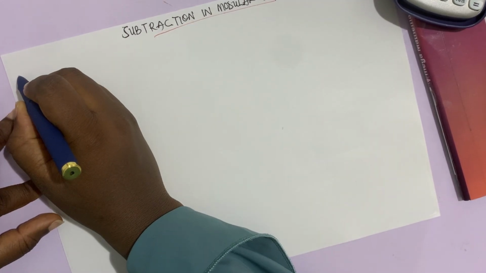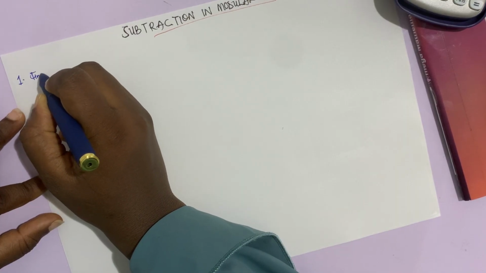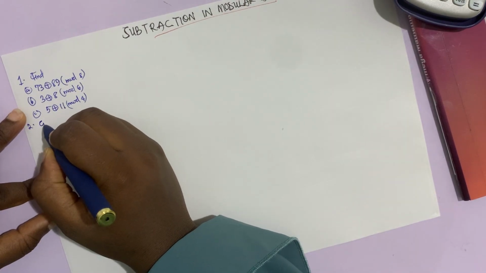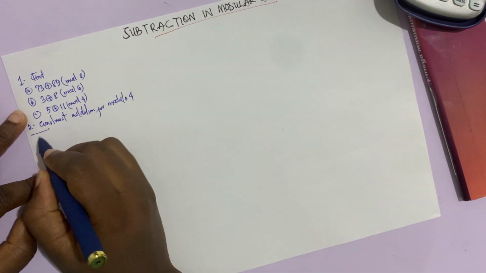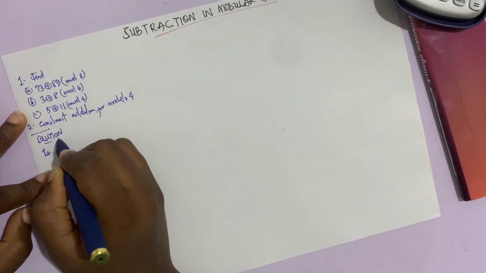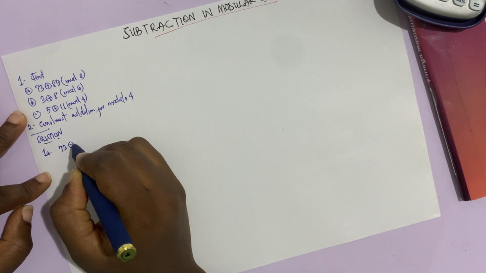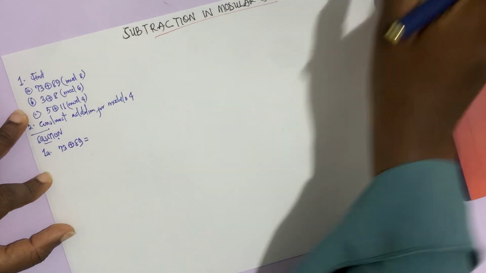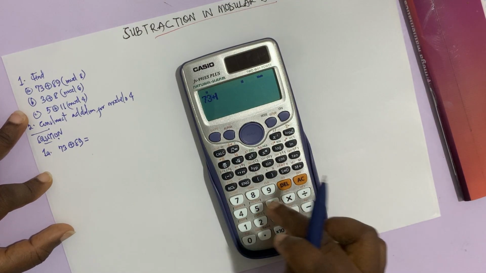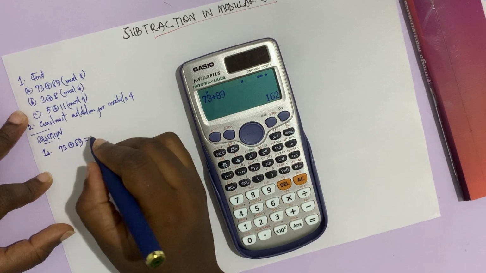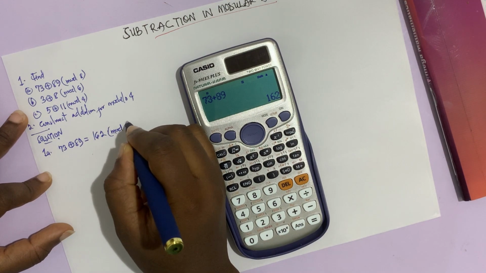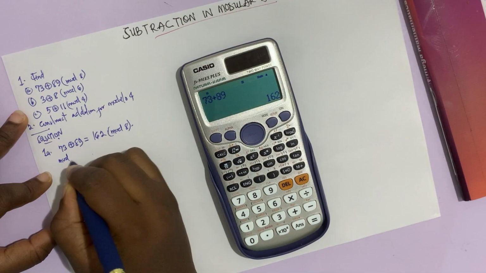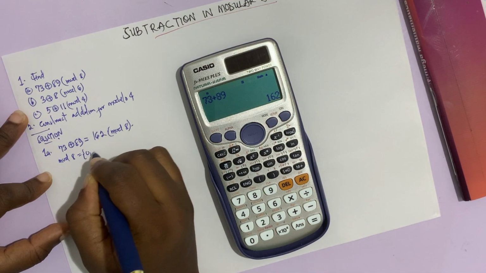The questions were: question 1, to find, and secondly, construct an addition table for modulo 4. Solution: 73 plus 89 will give us 162, but it's not a valid residue in modulo 8, because modulo 8 residues are 0 to 7.